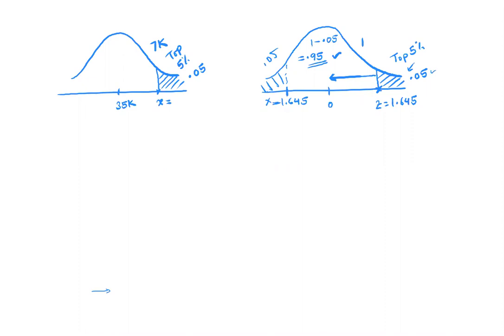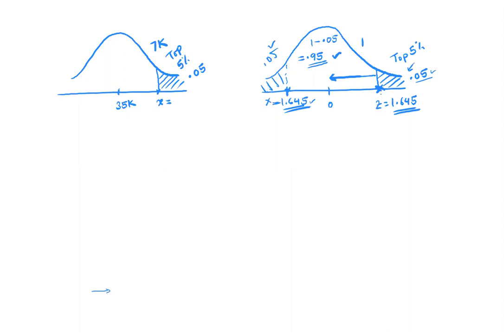So if this point is negative 1.645, this point to the right is going to be positive 1.645. If you look up 0.05 area, you get the negative, but you're looking for 0.95, which is the same value, but opposite sign.